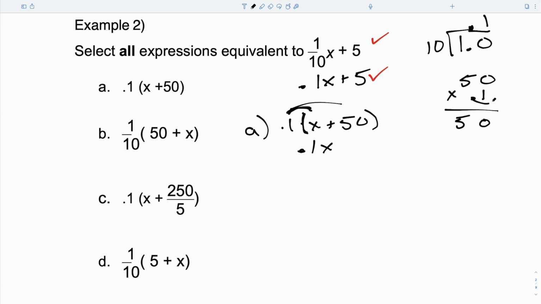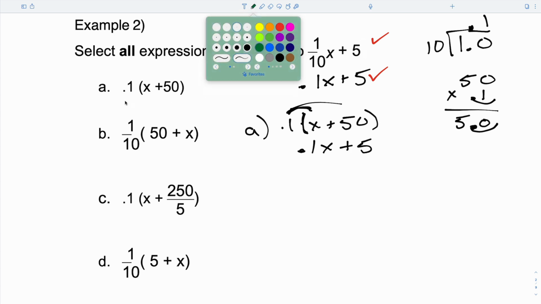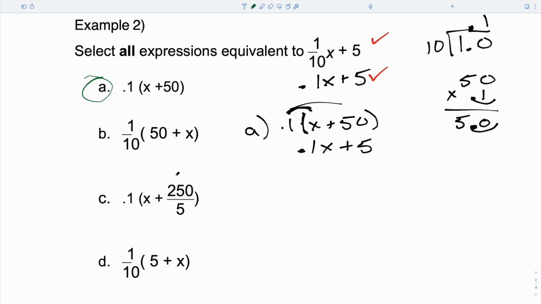Josh, what do I do with the decimal? Okay. This is 0.1x plus 5. Does that match any of our checkpoints, Josh? So this one is correct. Okay. Circle it. A is an option.